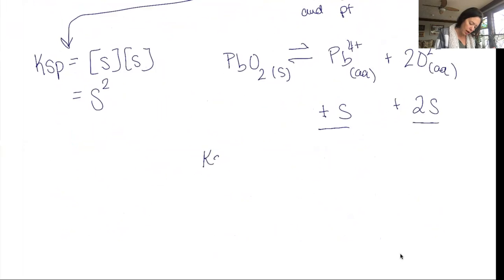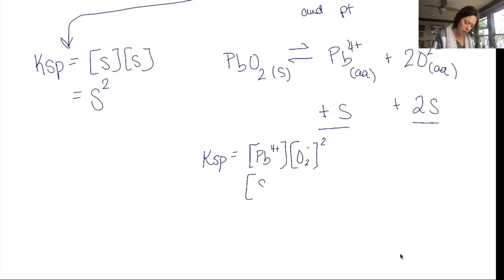So watch this: Ksp equals the concentration of lead-4 ions multiplied by the concentration of oxide ions squared. However, we also know that this will be S and this will be 2S, and it is also squared. So what I have is S times 4S squared, and that equals 4S cubed.